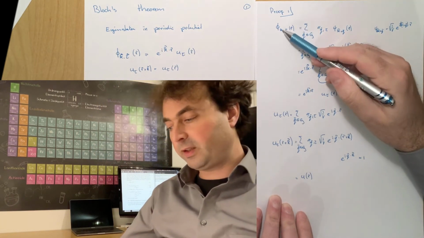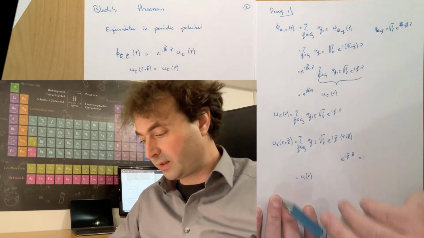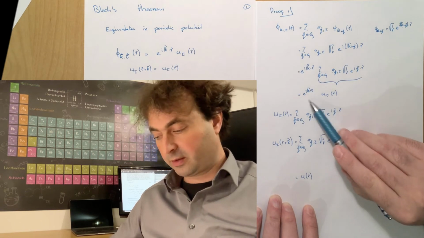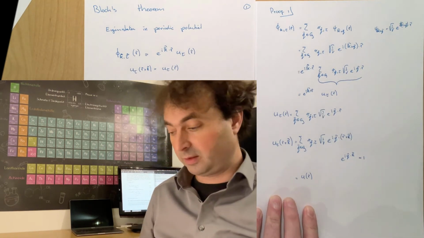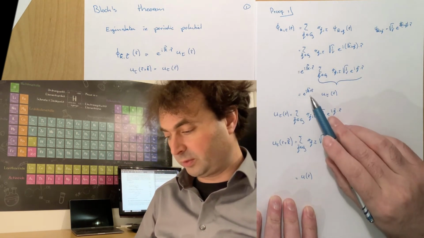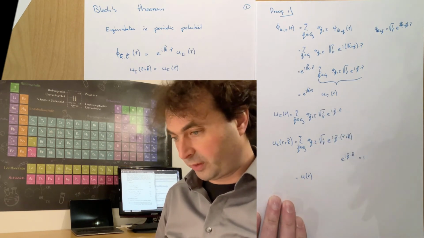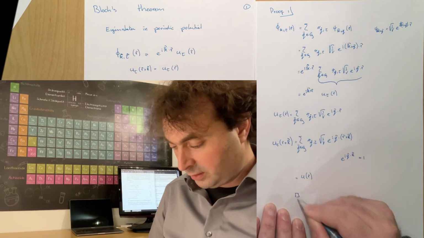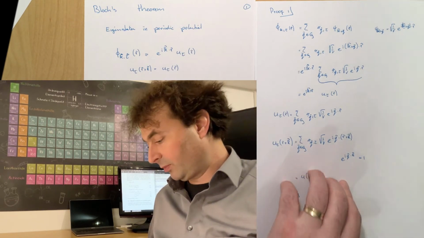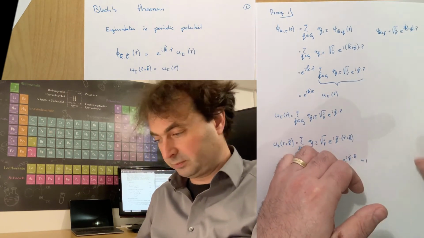So we indeed find that our eigenstates can be written as a plane wave with the wave vector of the crystal lattice, the crystal momentum, times a periodic function in r. So that concludes the proof of Bloch's theorem.